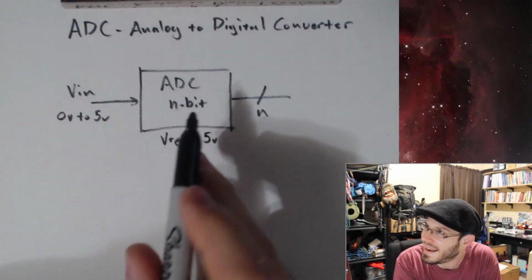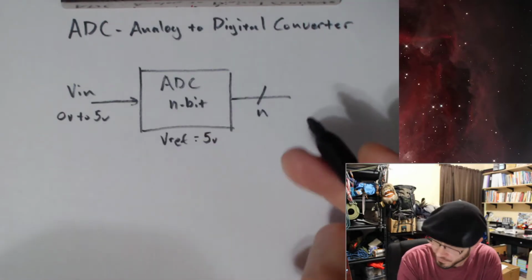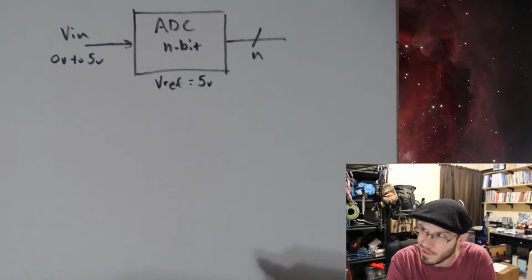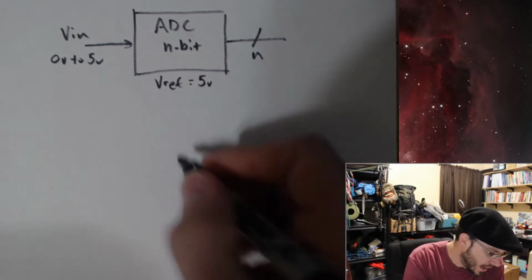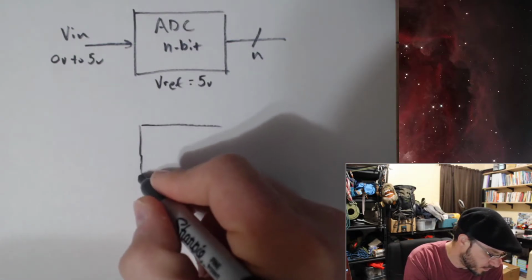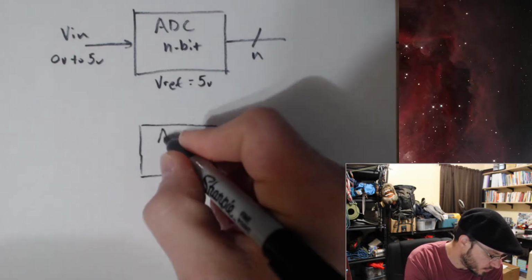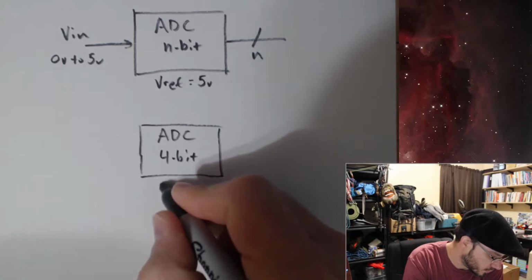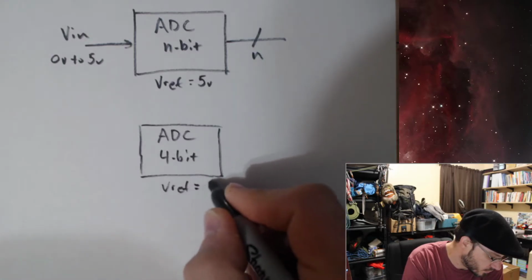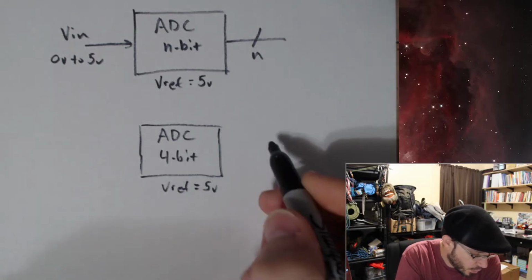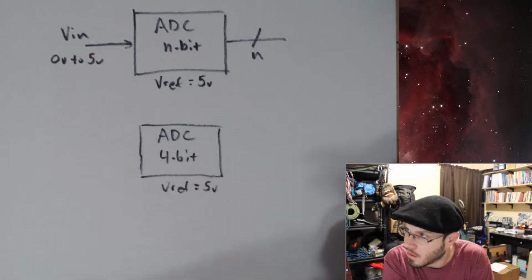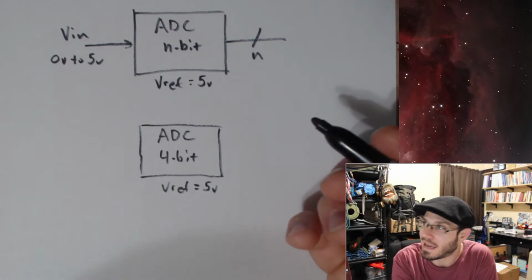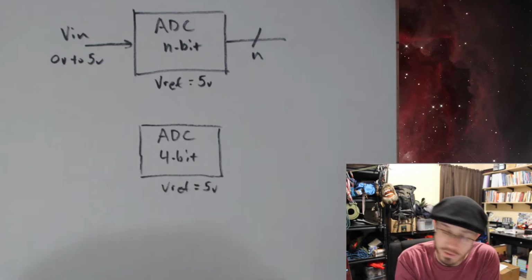And then we need to go ahead and specify the resolution. For my examples, I'm going to use a 4-bit analog to digital converter. Then we're going to have 4 wires coming out of this, 1 to represent each bit, and each bit can take on a state of 0 volts or 5 volts.